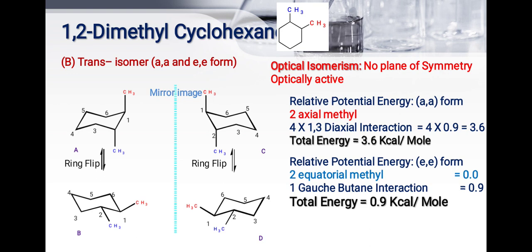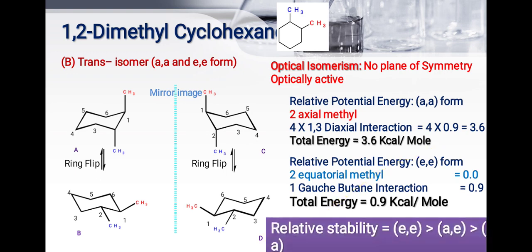Here one butane gauche interaction is there, so the energy is 0.9. Total energy is 0.9 kilocalorie per mole. Then see the relative stability. The equatorial form, having less energy, is more stable. The relative stability of the equatorial form is greater than the axial.